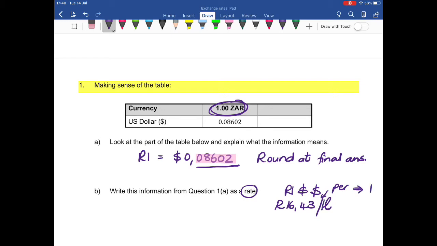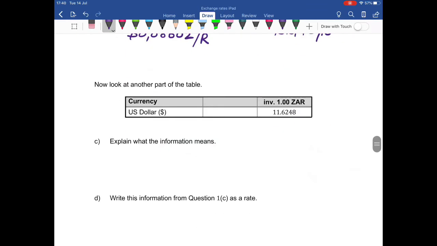So for 1 liter, I'm going to pay 16 rand 43. So let's look, what is our 1 in this setup? It is 1 rand. So per rand, for 1 rand, I am going to get 0.08602. So that is written as a rate.